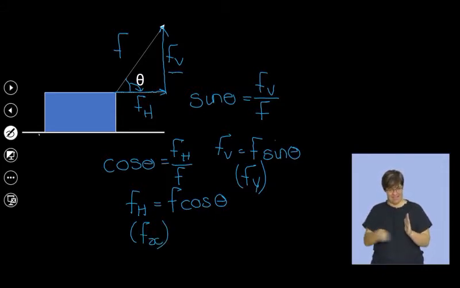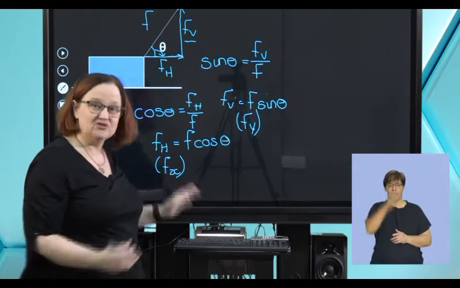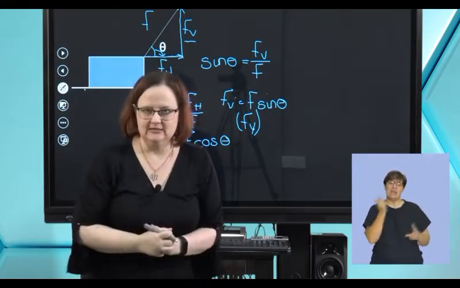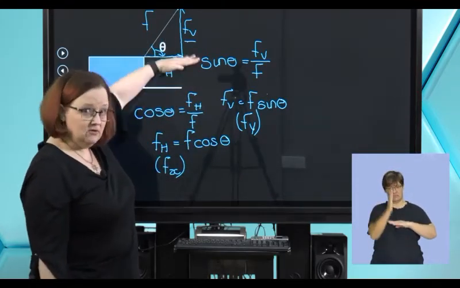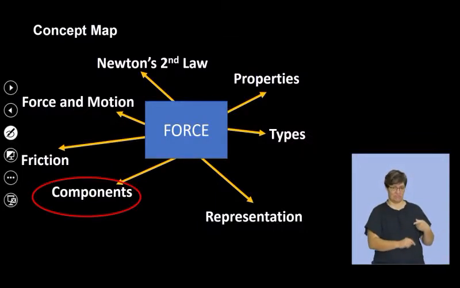Same thing, it doesn't matter. I like to use vertical and horizontal so I don't get confused with the maths. It just makes life a little bit easier for us. Flat surface, vertical component, horizontal component. All right, so we've done the one component. So we're still busy with components.